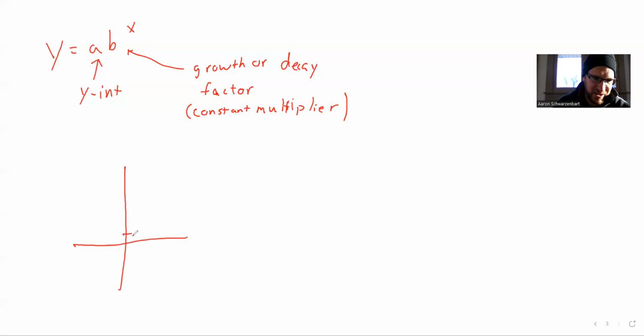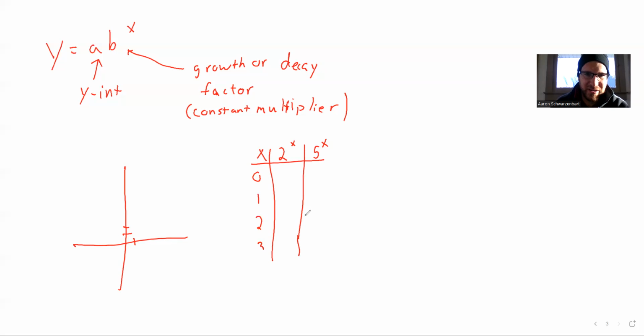So if I've got 2 to the x here, I'm just going to do this in table form. So x is, say, 0, 1, 2, 3. 2 to the 0 is 1. 2 to the first is 2. 2 to the power of 2, so that's like 2 squared, that's 4. 2 to the third here is going to be 8.